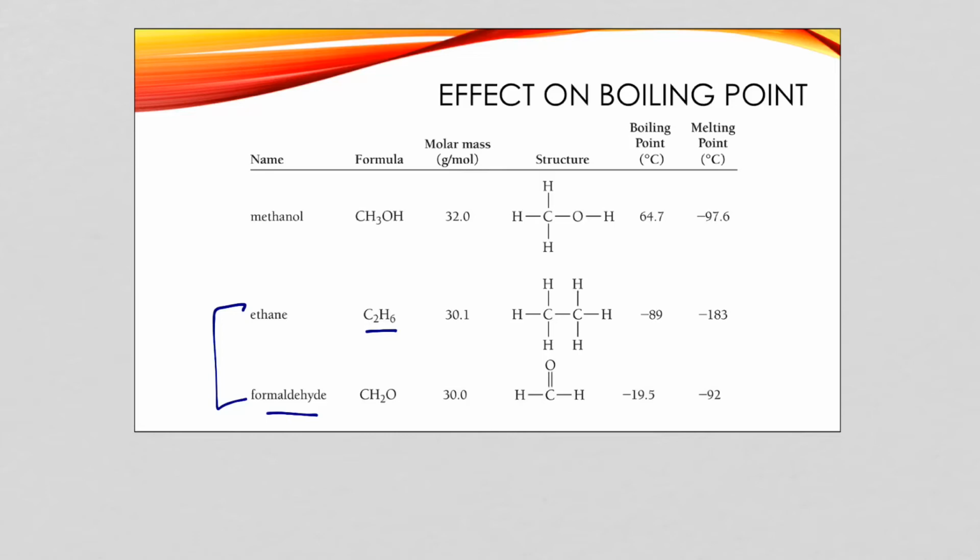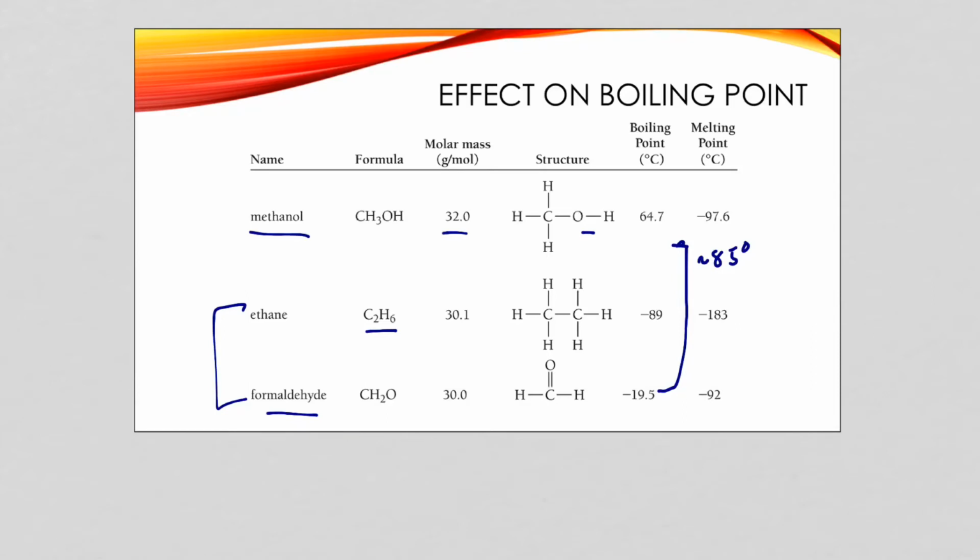So if we look at now methanol, which has a very similar molar mass, but instead of just having what we might consider normal dipole-dipole interactions, it has these extra strong hydrogen bonding interactions because of the OH here, we see the boiling point go up by essentially an additional approximately 85 degrees or so. So a big increase here in the boiling point from negative 20 all the way up to 65 degrees.